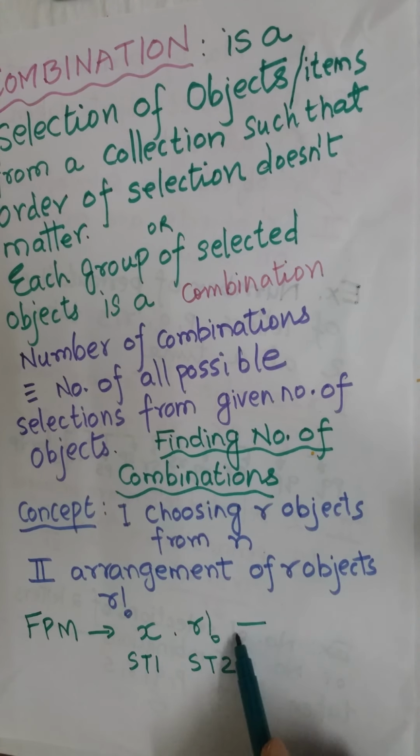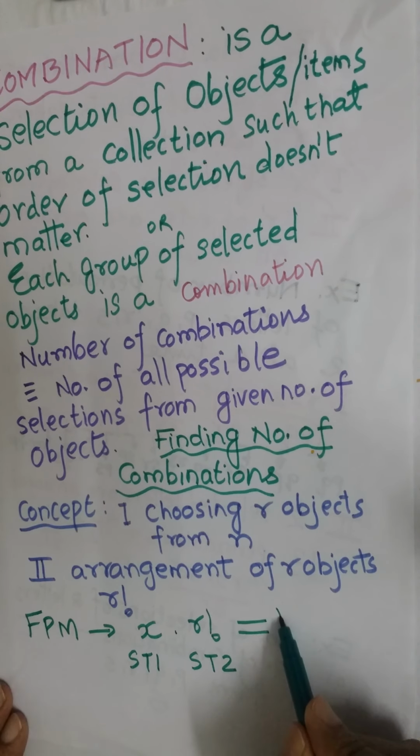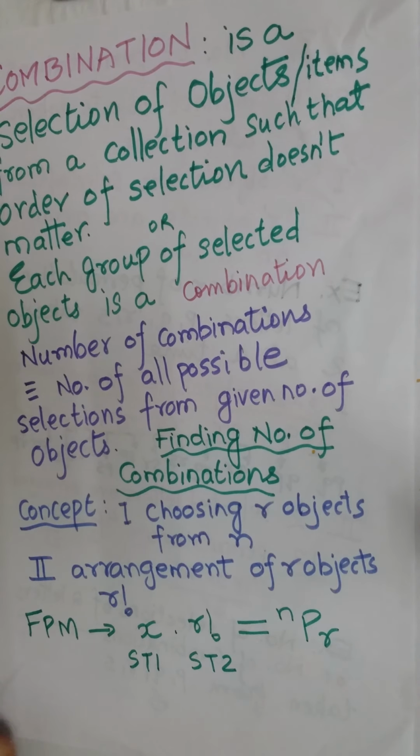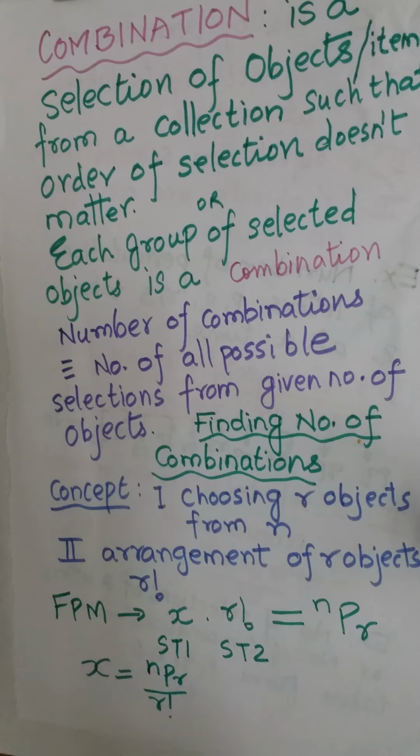But we also know that the total is nothing but NPR. So we write X times R factorial equals NPR. We can take R factorial down, so X is NPR by R factorial.